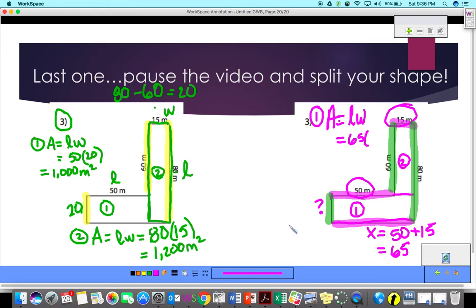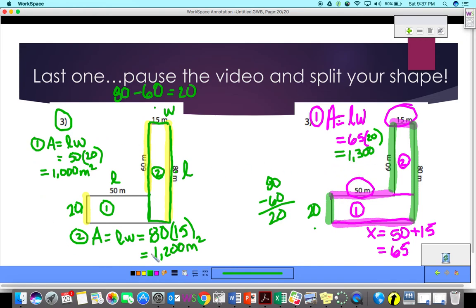And thinking about what else I know, this measurement right here, let's call it y since we already used x, is shorter than this side. So I'm going to subtract: 80 minus 60. Now, if you were looking at the other one, we already did this. This is 20, but if someone had only split it this way, they wouldn't know that. So this is a measurement of 20. So we've got 65 times 20 here. When we take 65 times 20, we're going to get 1,300.